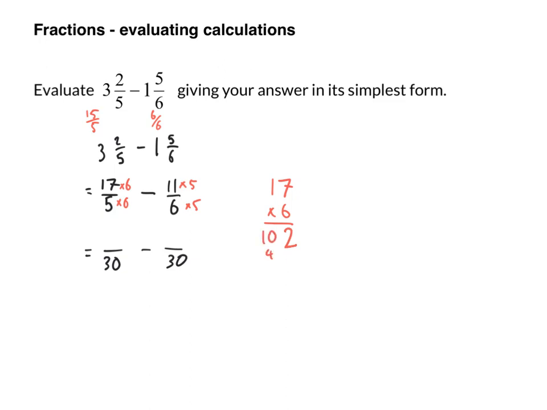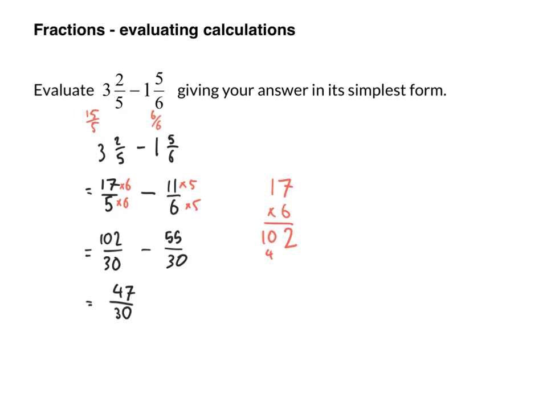So 17 times 6 is 102. 11 times 5 for the second one, that is just 55. My answer is going to be out of 30 because both my fractions have a denominator of 30. 102 take away 55. Well, 55 plus 45 is 100, so 2 more will give me 47.